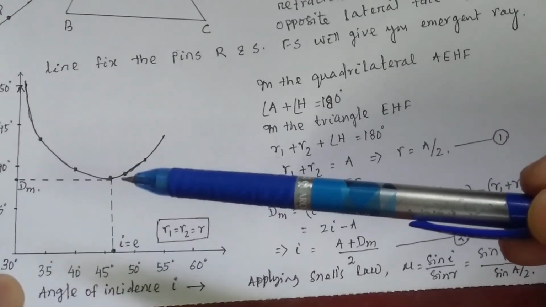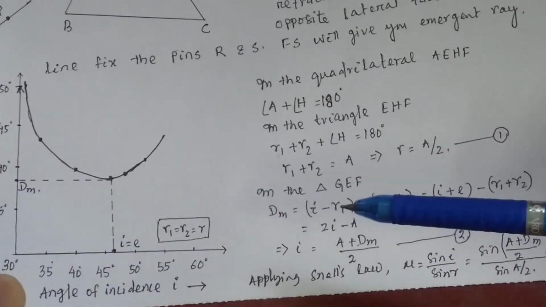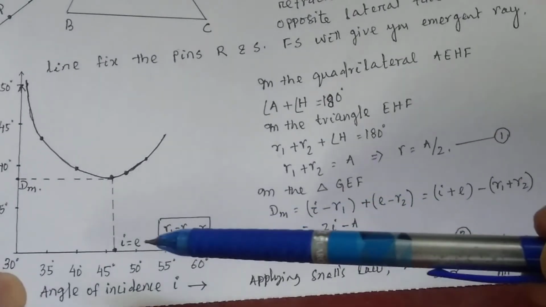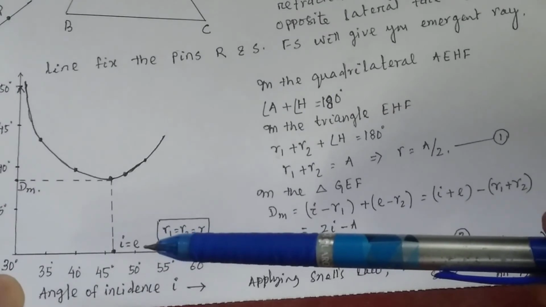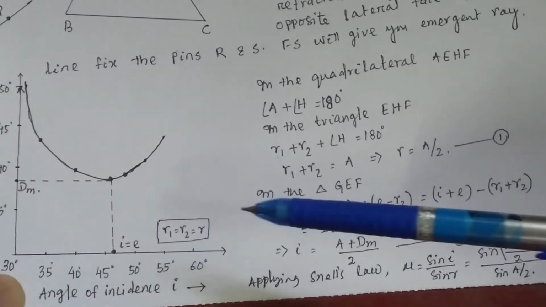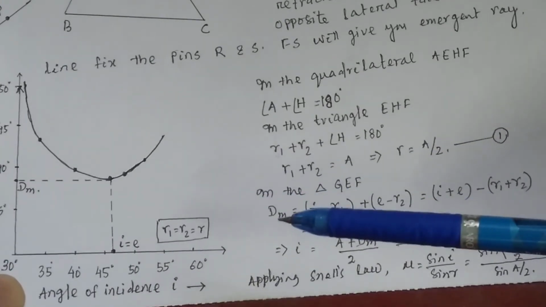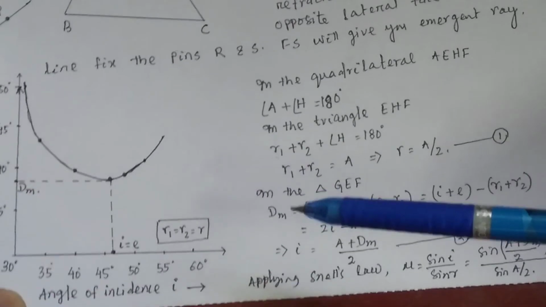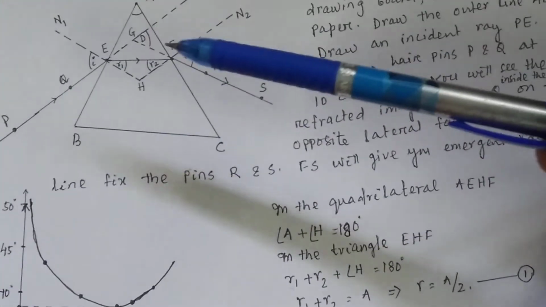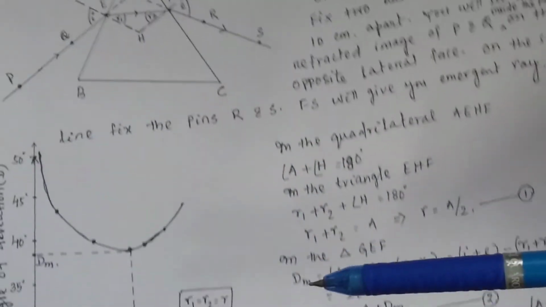For minimum angle of deviation, from the graph, I will be equal to E, the angle of incidence will be equal to the angle of emergence, and that angle of deviation is called minimum deviation. So instead of writing D here, you may write Dm.